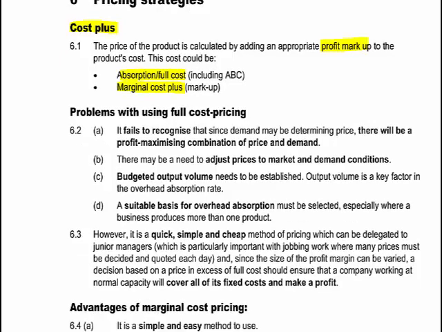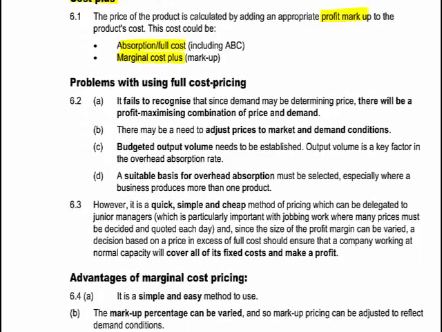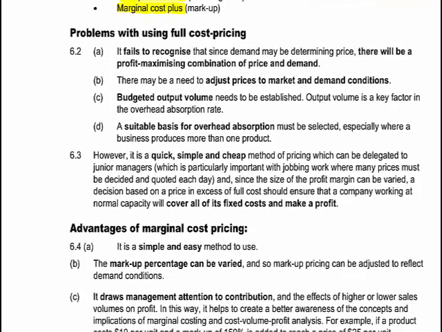So starting off, thinking about the full costing approach, this is where we've used absorption costing and an overhead absorption rate to determine the total cost of producing a unit. If we use this approach, the biggest concern is that it's failing to recognise that there's a relationship between the price and the quantity demanded. With normal goods, if you increase the selling price, as a general rule, the quantity demanded will decrease.